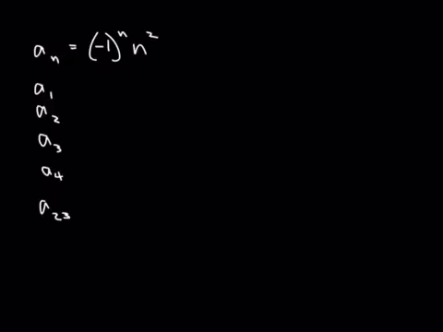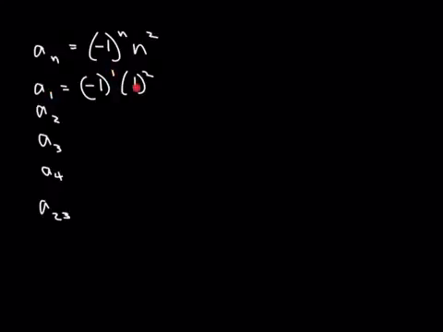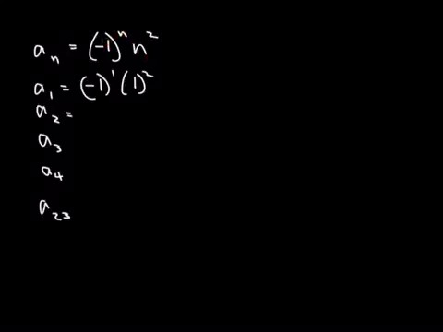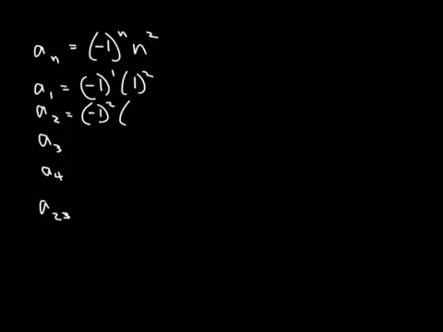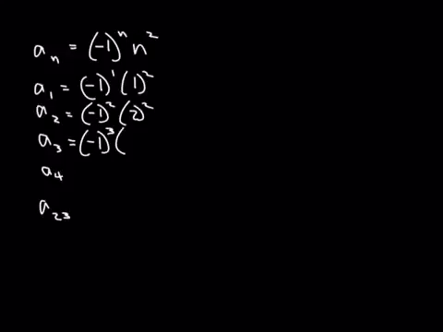So for the first term, that's going to equal (-1) to the first power times 1 squared. I put a 1 in each place where n appears. Let's do this for 2: (-1) squared times 2 squared. Same thing here. See what I'm doing? I'm just putting in the numbers.